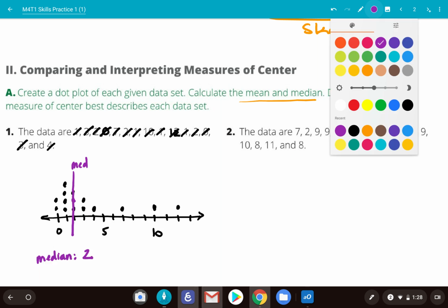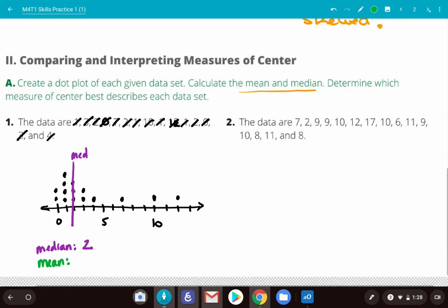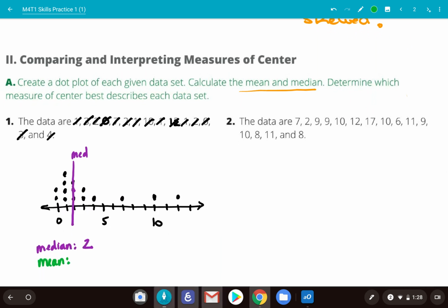And then your mean, we actually have to add up all the numbers and divide by 15. So we have to find the sum. You can use a calculator to add up all the data items.